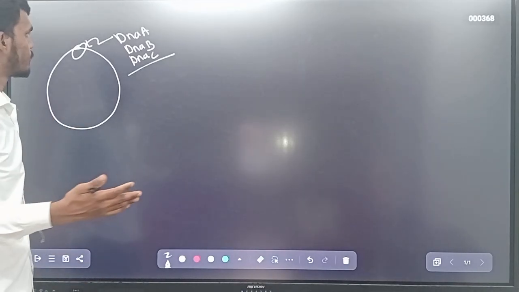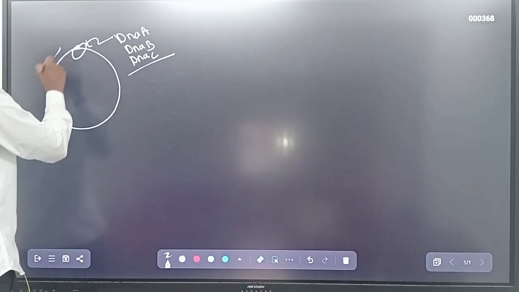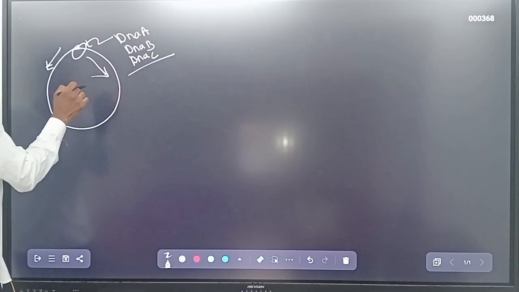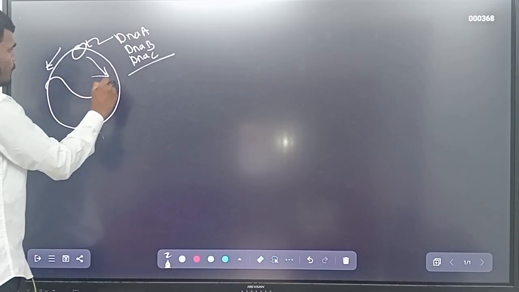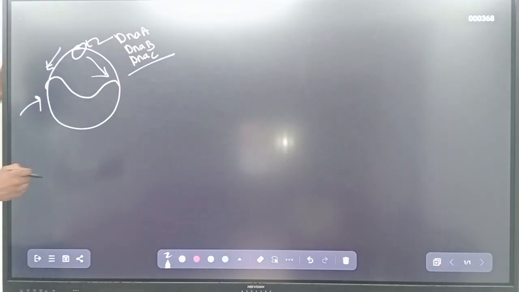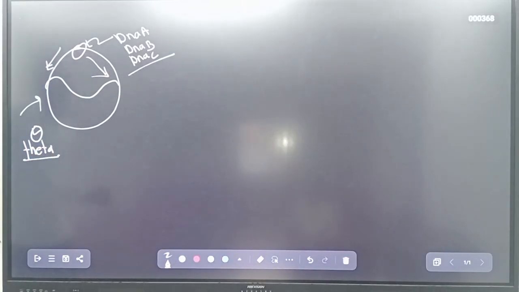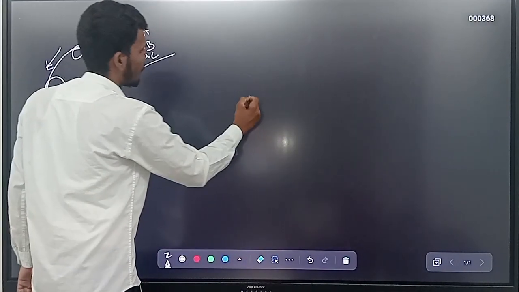These two will be engaged for the lagging strand. I will explain what the lagging strand is. And one will be engaged for the leading strand. So how this process will go on, let's know it.